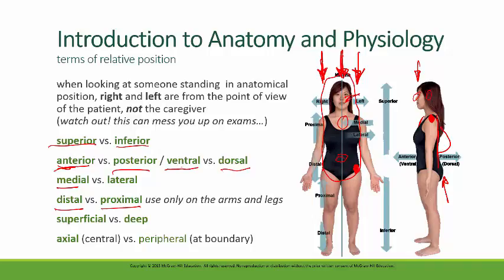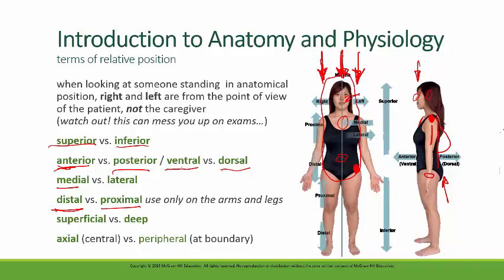So if we're trying to compare the location of the carpal region, the wrist, to the humerus, the upper bone in the arm, we would say that the carpals are distal to the humerus. Distal means further away from the point of attachment. So if it's distal, it is distant from that point of attachment.